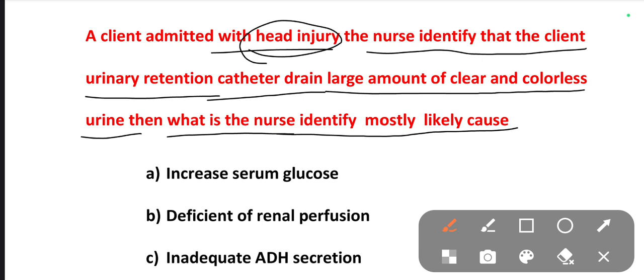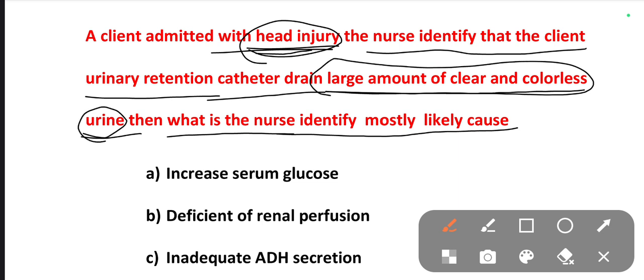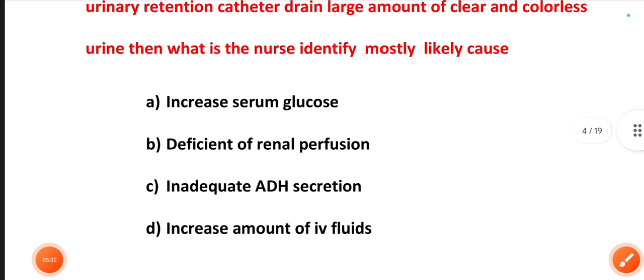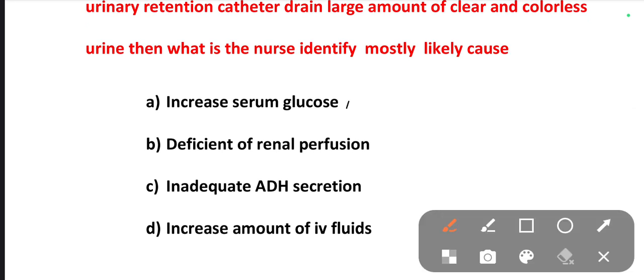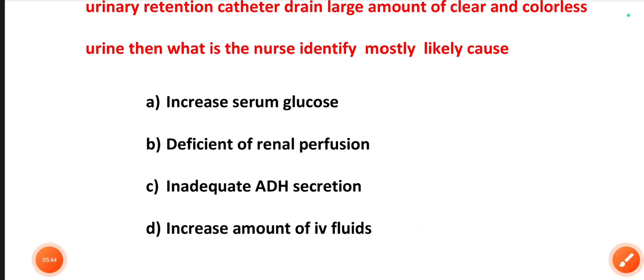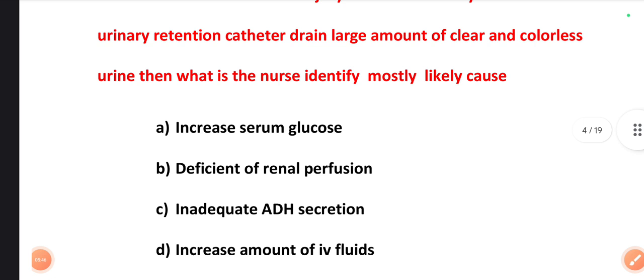The main points you have to underline: head injury and a large amount of clear colorless urine. What may be the condition? The options are increased serum glucose level, deficient renal perfusion, inadequate ADH secretion, increased amount of IV fluids.